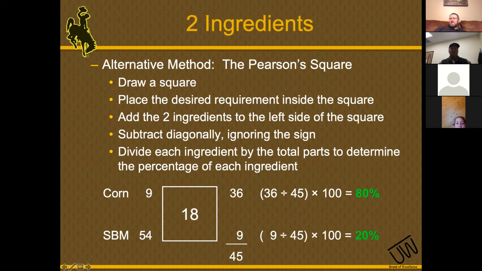Let's do the same thing on the soybean meal, 20%. Again, this might be confusing, but this is really a very simple way. You just subtract on a diagonal, add them up, and then divide by what that number is, okay? So that's all I got.